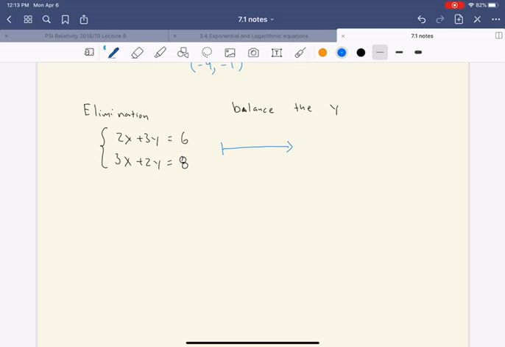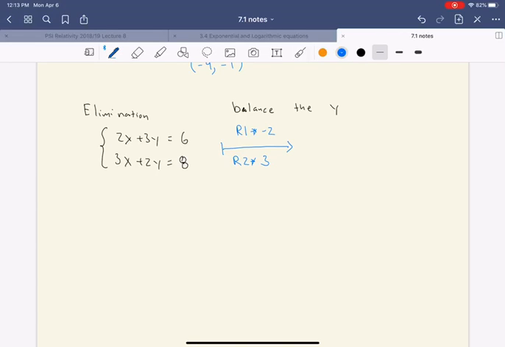In order to do that, we're going to multiply here. And I like to write a little bit. So I'm taking row 1, and I'm going to multiply it by negative 2. And I'm going to take row 2 and multiply it by 3.